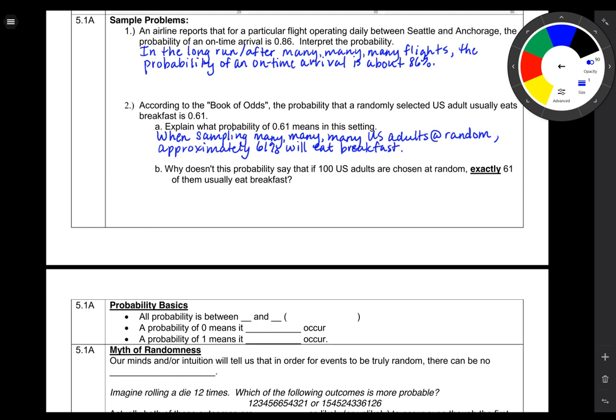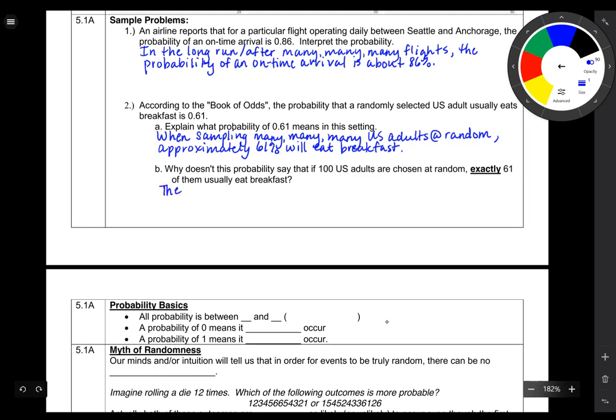Part B, why doesn't this probability say that if 100 US adults are chosen at random, exactly 61 of them usually eat breakfast? So that keyword being exactly. Well, if you remember from the coin diagrams, the actual value will vary from sample to sample, but will be around 61%. It will not be exactly that, it will get close to that predicted probability.